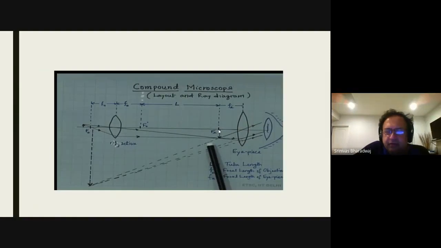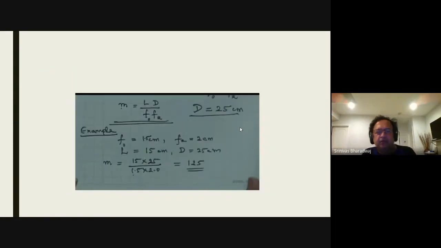The closer you are to the focal point of the eyepiece, the larger will be the virtual image. If you are exactly at the focal point, then you will get a big image. Okay, so that's the idea there. So the aim of the objective lens is to take the object and make a real image of it close to the focal point of the eyepiece.